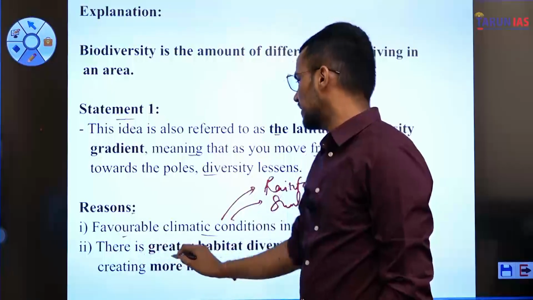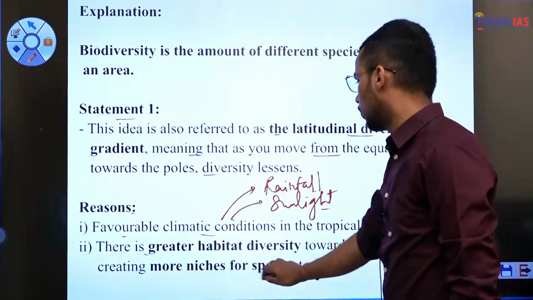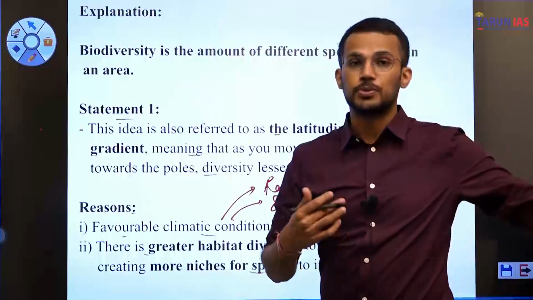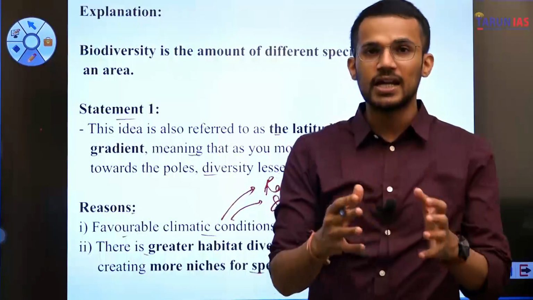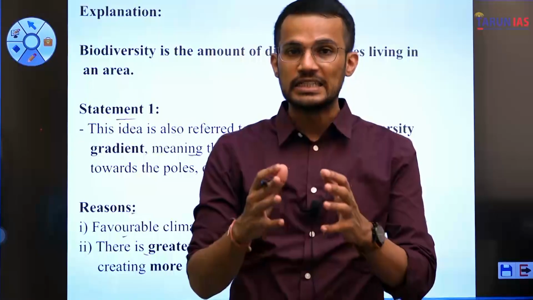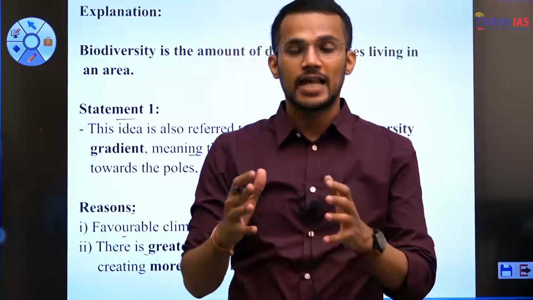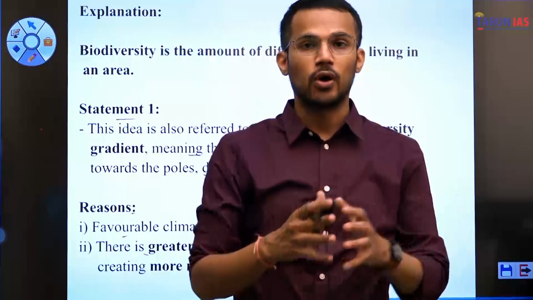Next, there is greater habitat diversity towards the equator, creating more niches for species. As habitat diversity is more in the tropical region, especially near the equator, we will have more niche diversity for different organisms.